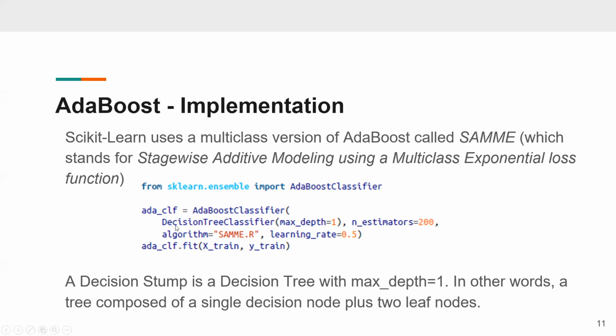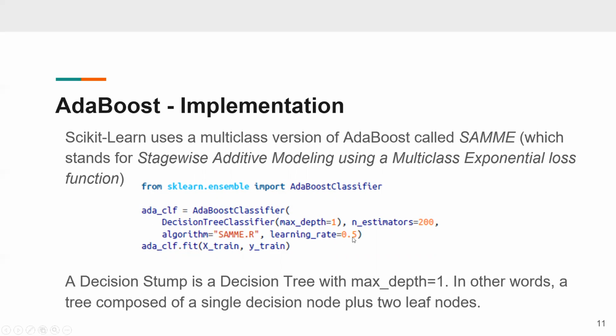In here, you have the decision tree classifier, with max depth equal to 1, and with 200 decision trees. Of course, we also call them stumps, right? And the algorithm is SAMME.R, which would be AdaBoost.